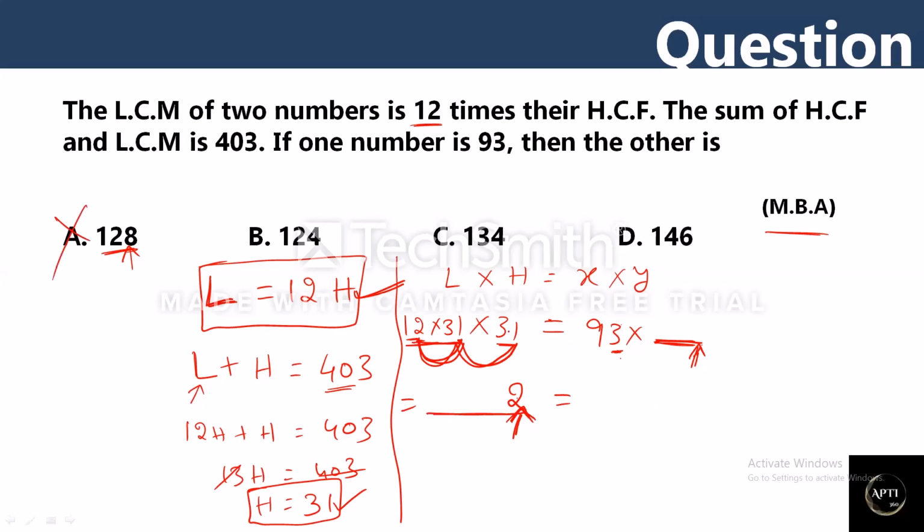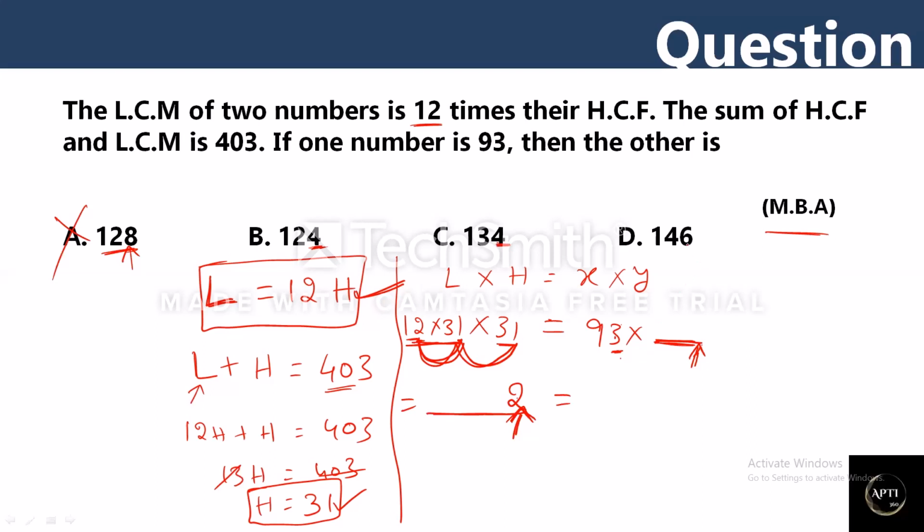Next, 124. Here the unit digit is 4. 3 times 4 is 12, so B can be our option. Next option C, 134. Again 3 multiplied with 4 is 12, which ends with 2. This can also be our answer.